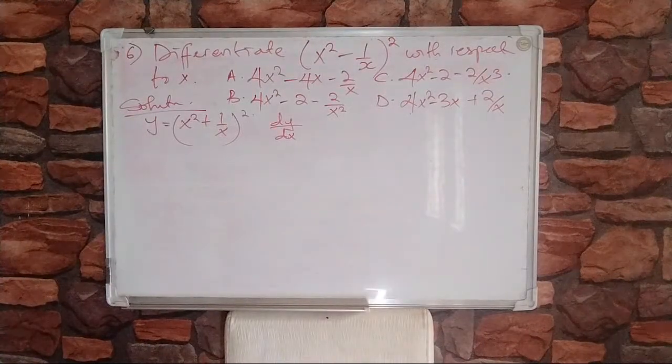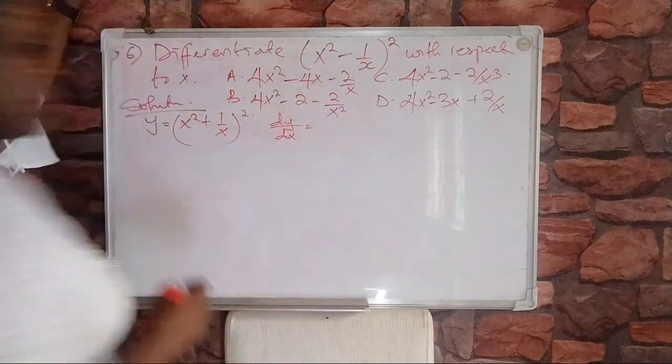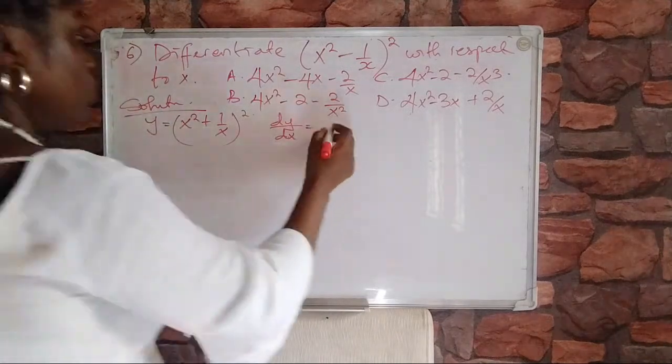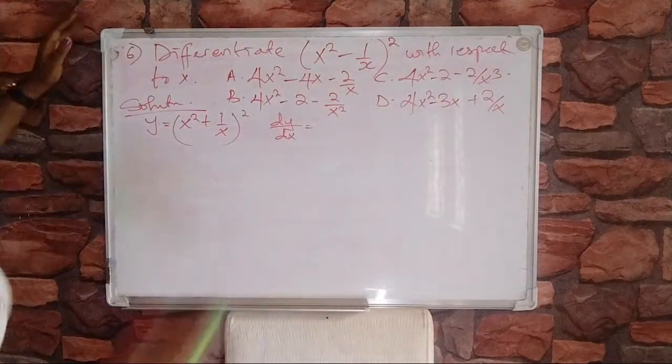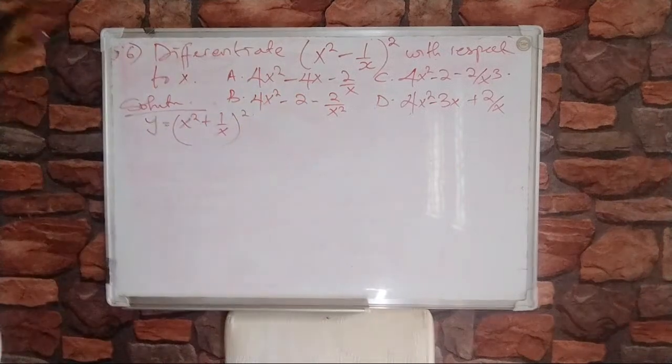We will call the inner function u, right? The inner function, we'll call it u, and the outer function, we'll call it v.